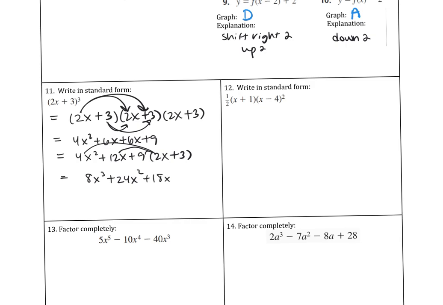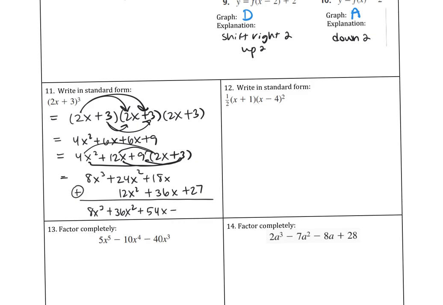Let's multiply the 3 on the bottom. 3 times 4x squared is going to be 12x squared. 3 times 12x is going to be 36x. And 3 times 9 is going to be 27. I just like to stack them up so that I can combine like terms easily. 8x cubed plus 36x squared plus 54x plus 27 is our final answer for that one.